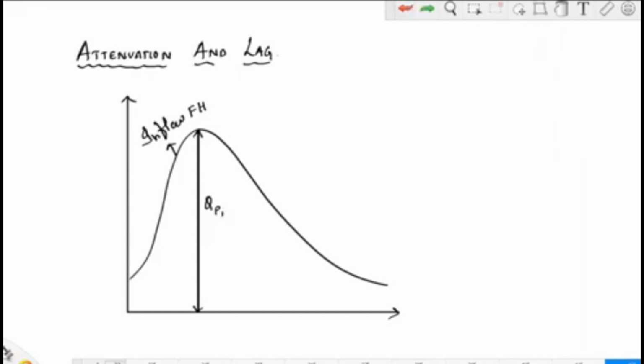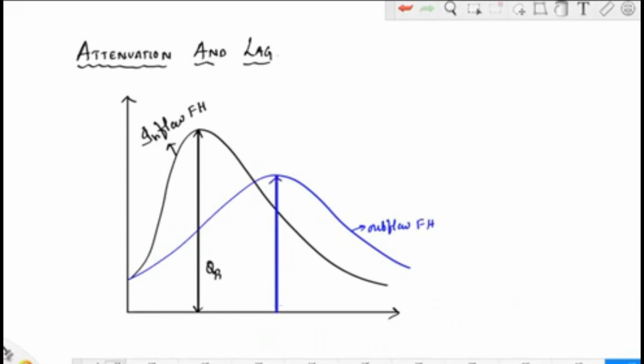So if you plot the outflow flood hydrograph, this is your outflow flood hydrograph. Let this be the peak of outflow flood hydrograph. So it is occurring at time T2. Peak of inflow flood hydrograph is occurring at time T1.